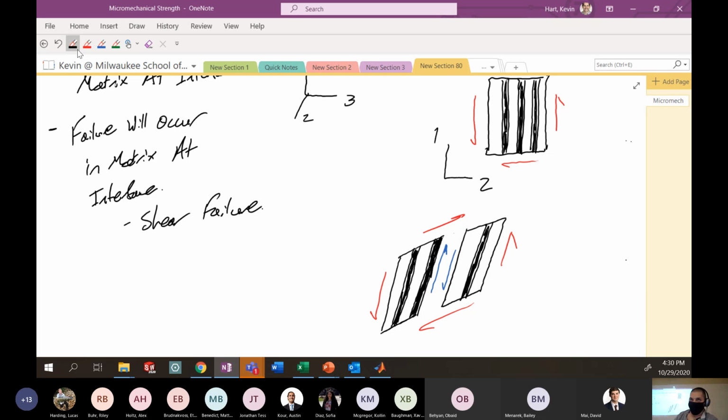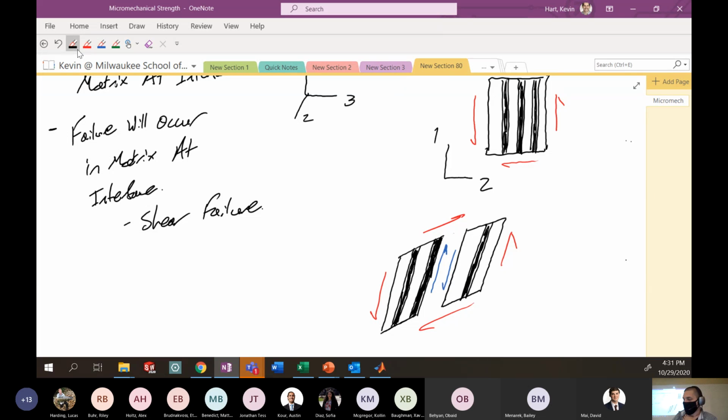We have a similar idea here going on with stress concentration, but it's not exactly stress concentration. We're trying to shear across some plane that has a bunch of fibers in it. The fibers are actually causing additional shear concentration, just like you have stress concentration in the 2 and the 3 direction.